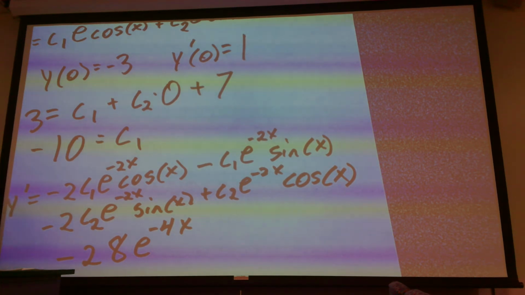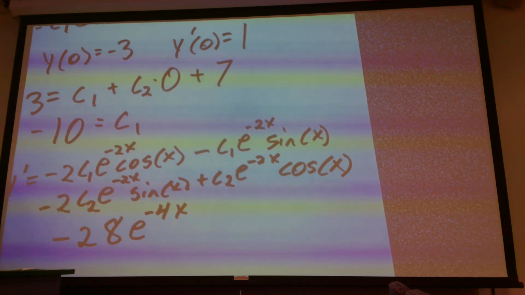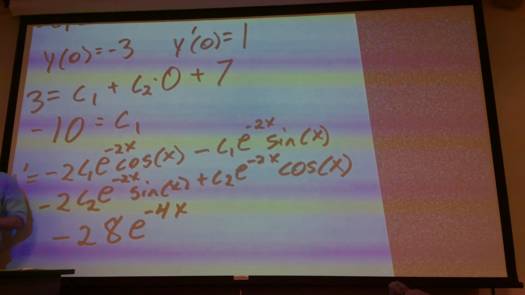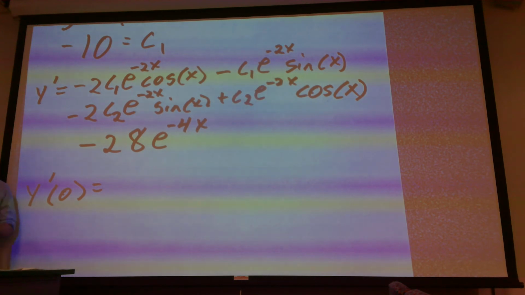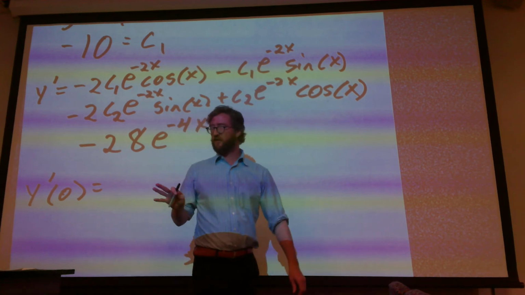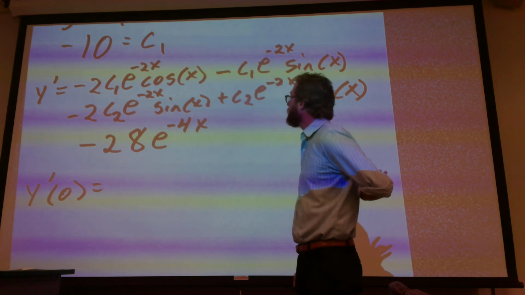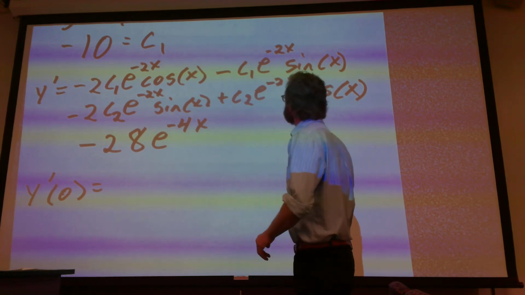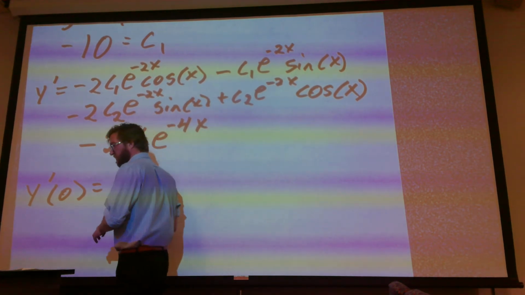Now, when we say y prime of 0, we're going to have to evaluate this whole thing at 0. And one of the things to notice, I'll do it with all the steps and everything, but your sines are going to disappear. The cosine of 0 is 1, and e to the 0 is 1. So really the terms we're going to be left with are this guy and this guy.